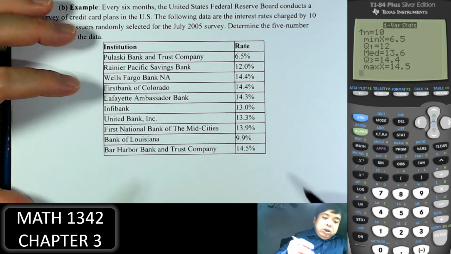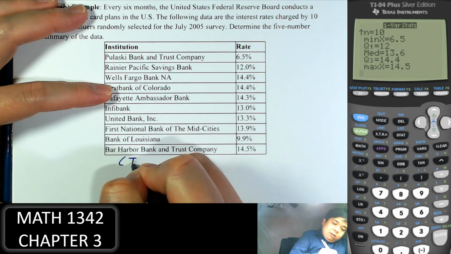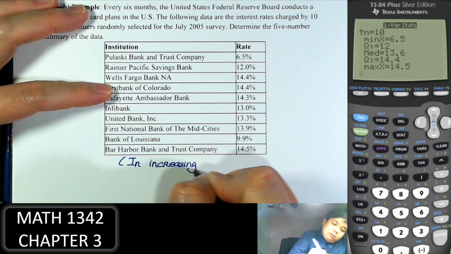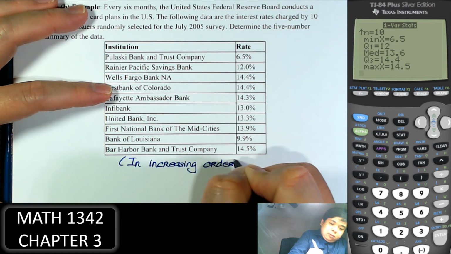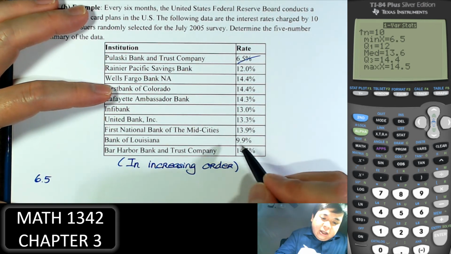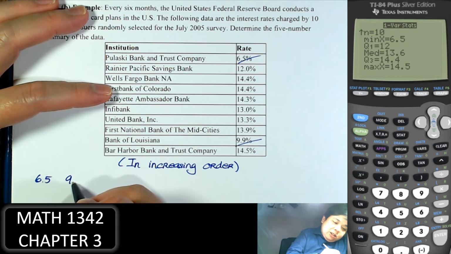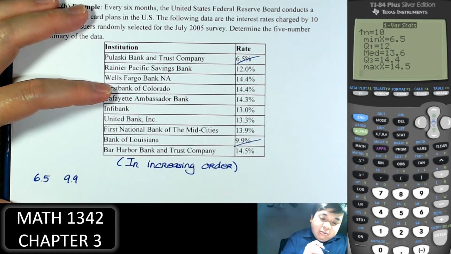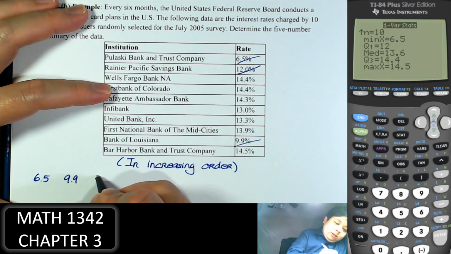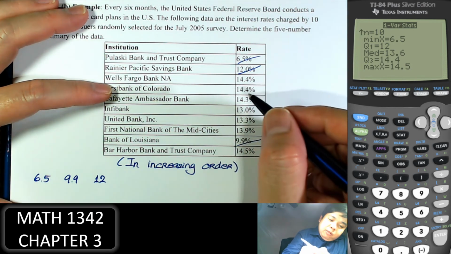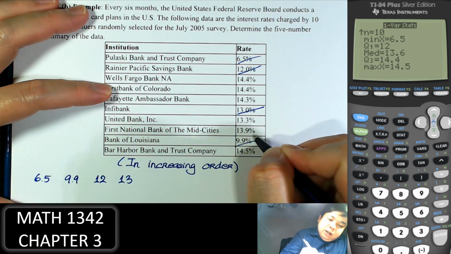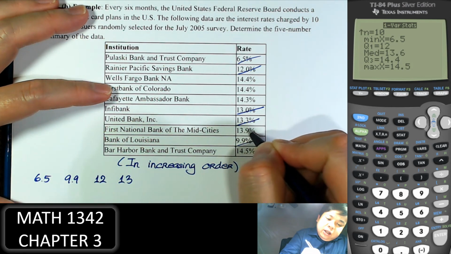I will put them in increasing order. 6.5, next 9.9, 12. Then 13, 13.3, 13.9.